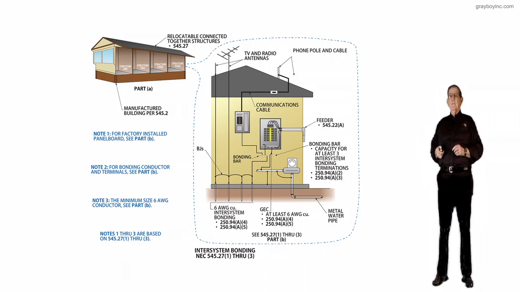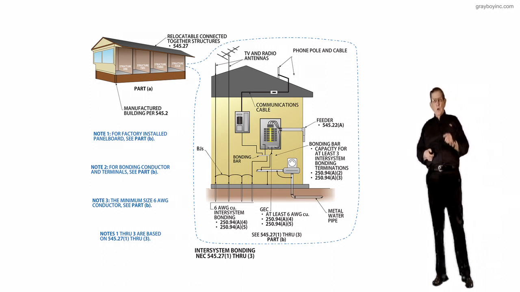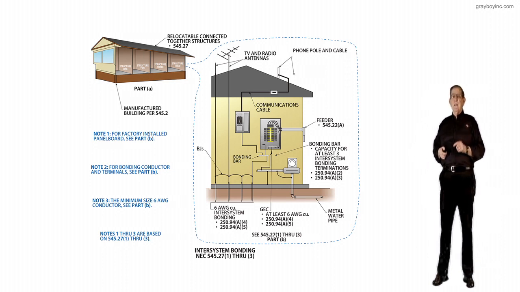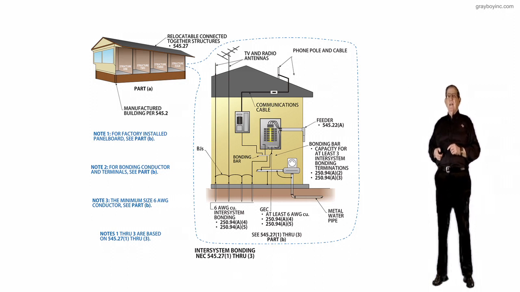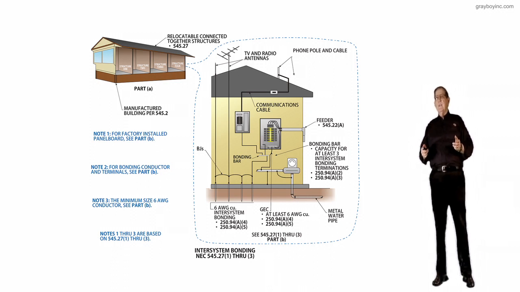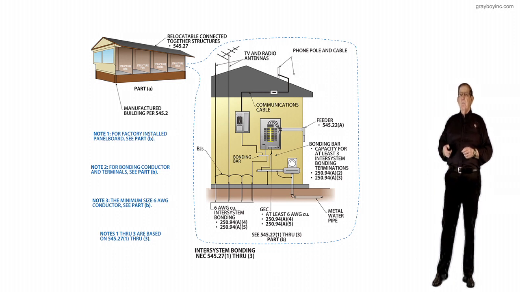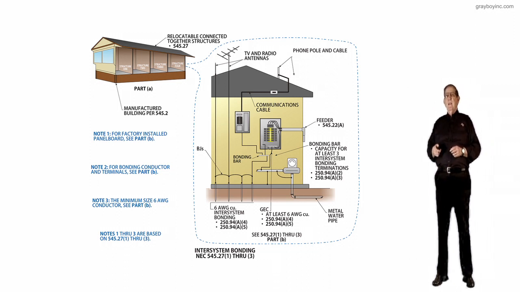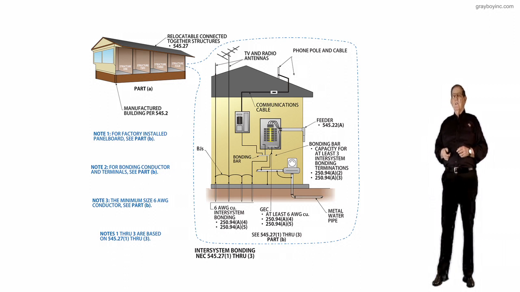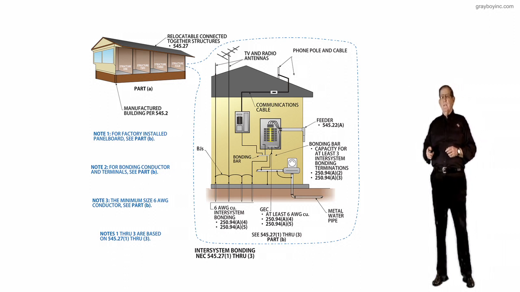And then notice a number 6 copper inter-system bonding jumper would be required, as I just pointed out, by 250.94.4 and 250.94.5. Now, 4 and 5 kind of complies with the 2 and 3, the bonding bar that we were talking about. And then, of course, the grounding electrode conductor that would connect these together would be a number 6.